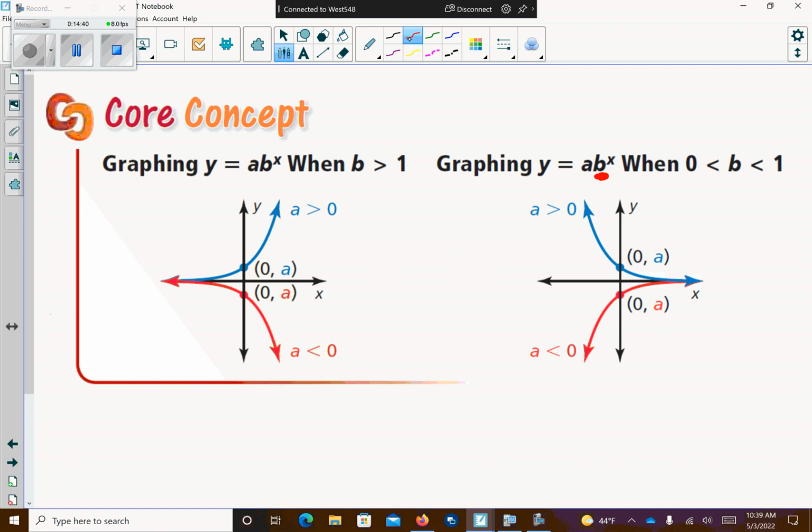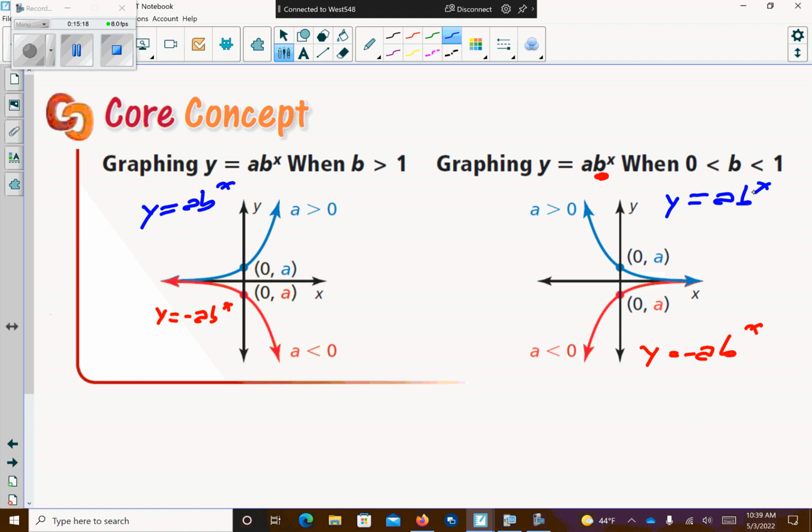Okay, so the red graphs on this would be negative a times b to the x. The red graph here would be y equals negative a times b raised to the x. The blue graphs are written as y equals ab raised to the x. So basically, it flips over the x-axis if we have a negative a value. It gives something called a reflection. Okay?